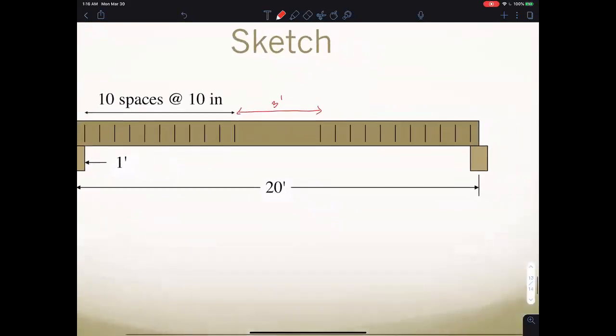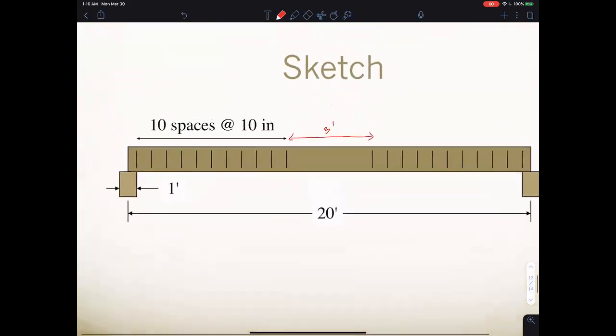What I did was from here to here, it had to be 10 feet minus the 6 inches of the support minus 1.5 feet. That was 1.5 feet. That was 0.5 feet.